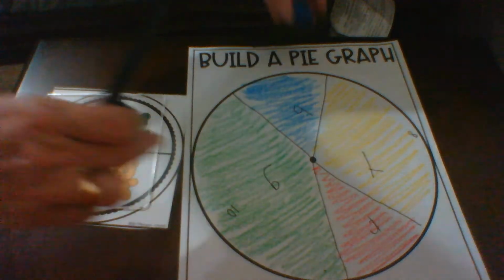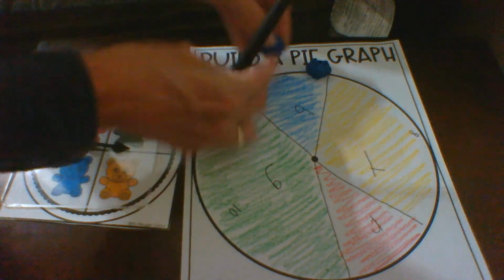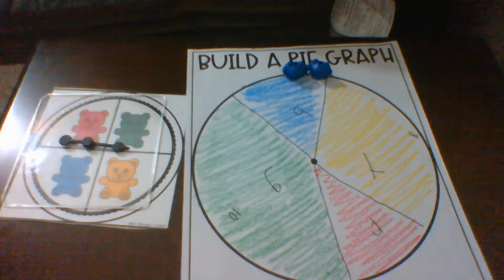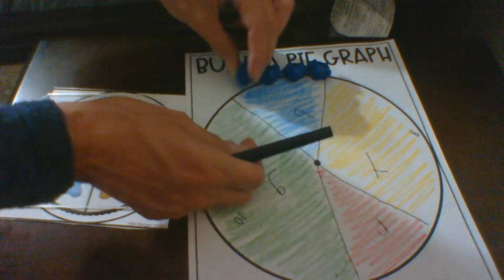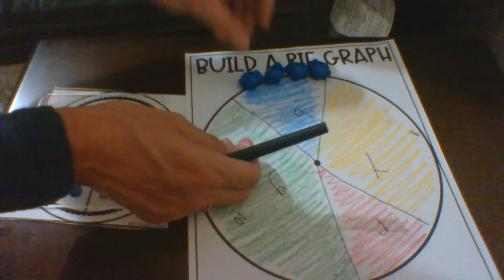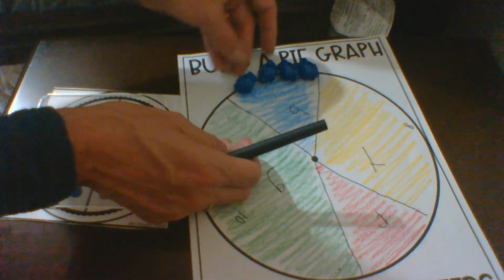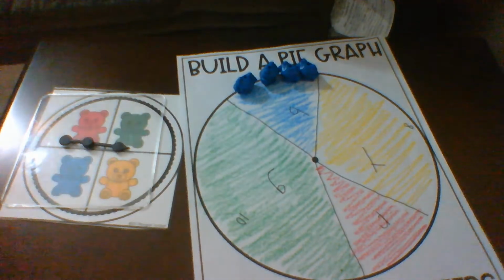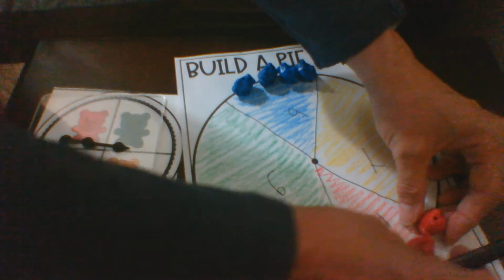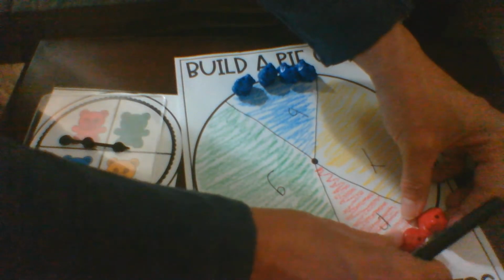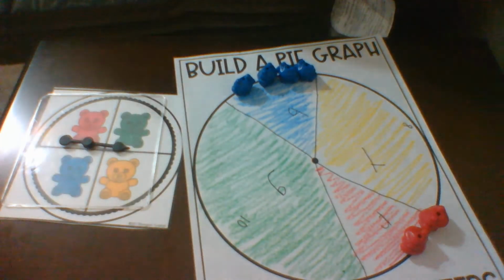Do we have the same? 1, 2, 3, 4. Do we only have 4 blue? And only 2 red? I don't remember. Mrs. Gibbs will have to go back and see. That's because I don't have straight lines, right?